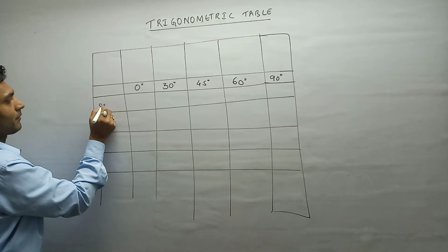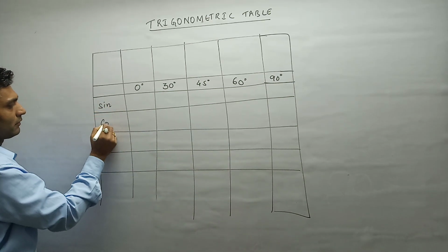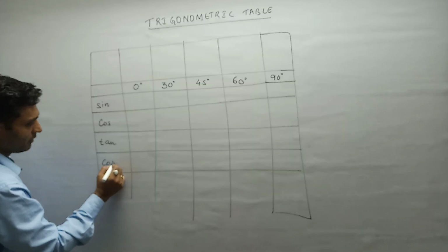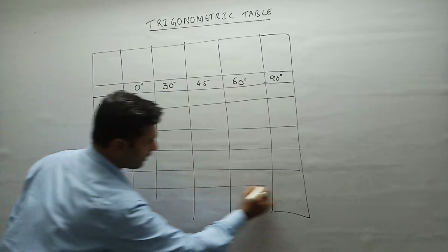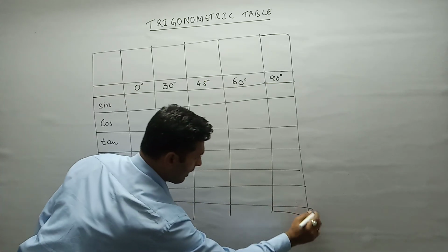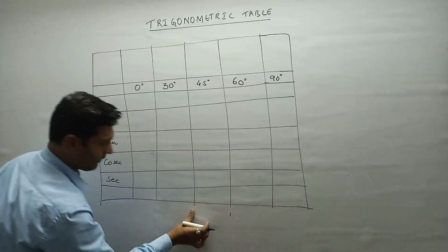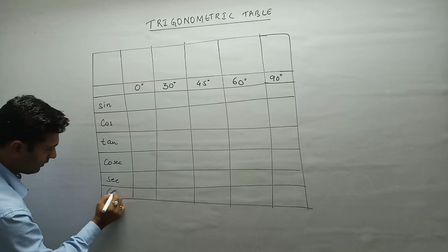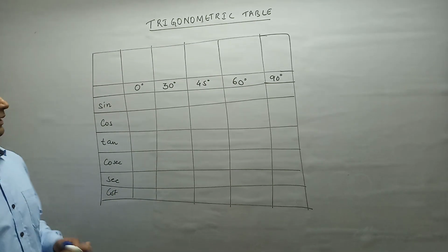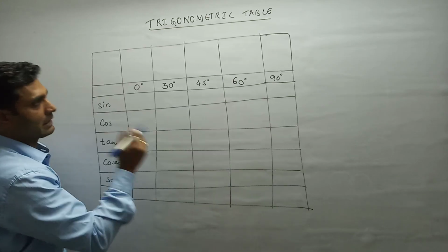This will be sine, cos, tan, cosec, here we have sec, and then finally we have cot. Right? Now how are we going to find the values in these cells?